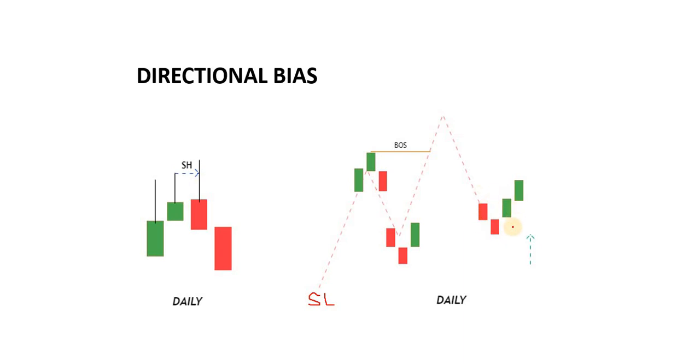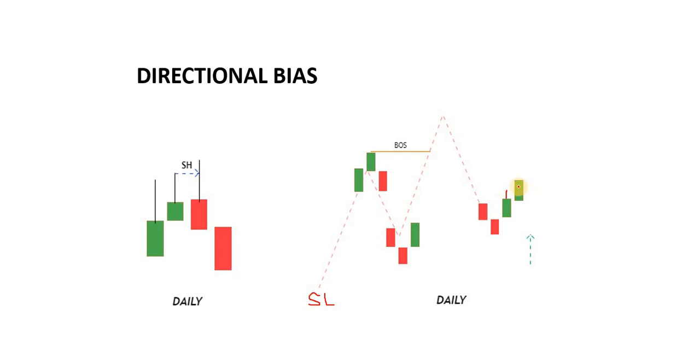When a swing low eventually forms, the next thing you do is now to focus on the third candle. We are now focusing on the third candle's high. Okay, we are focusing on the third candle's high in the case of a bullish scenario. Let's say this is the third candle's high.